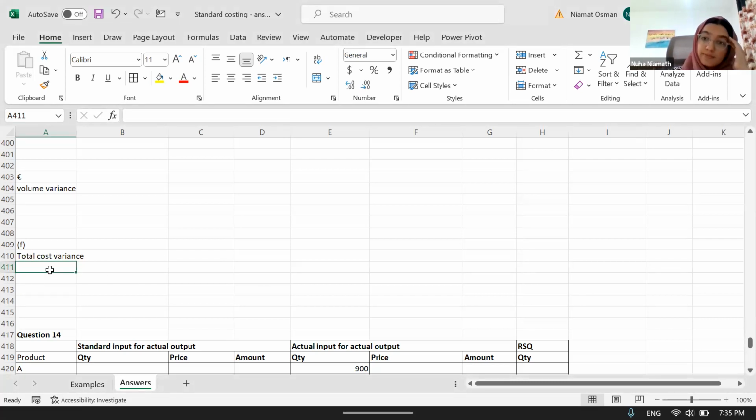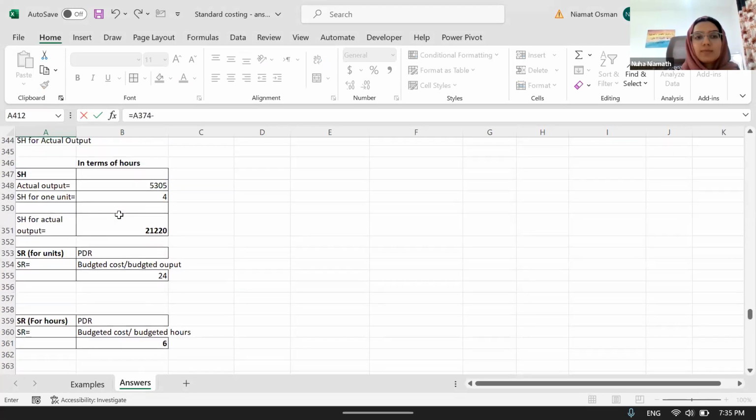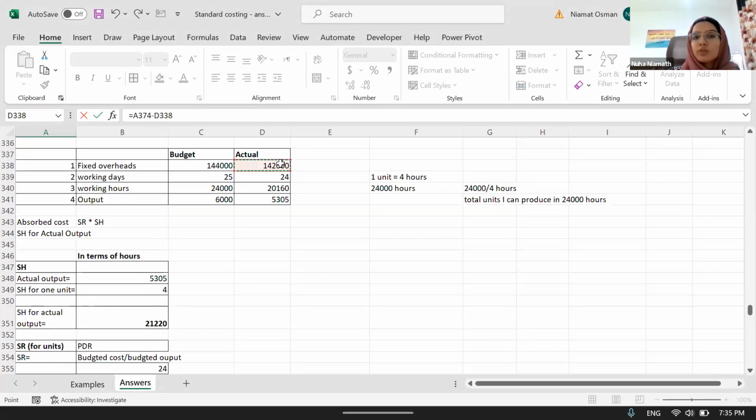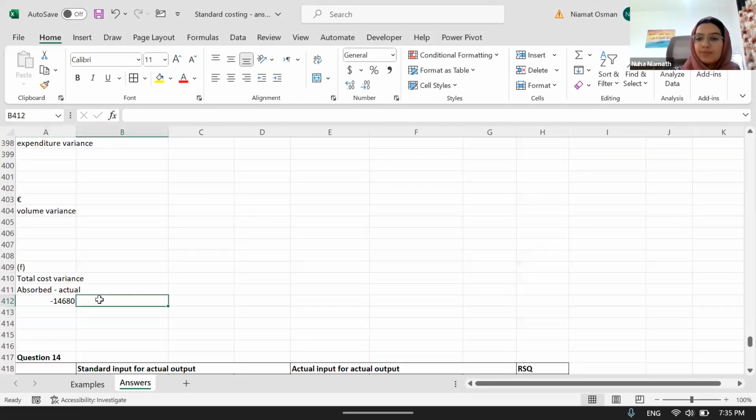What's the difference? Absorbed minus actual. Perfect. So that will be how much? Absorbed is 1,27,320 minus actual 1,42,000. Is it favorable or adverse? Actual is more. Definitely adverse. Correct. Correct, Khatija.